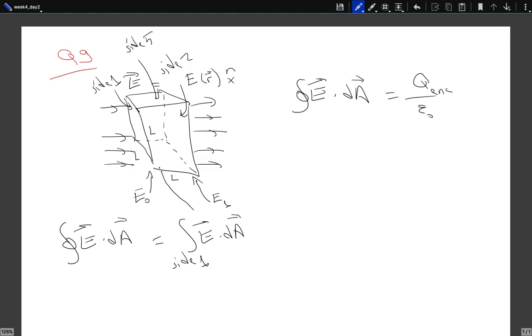And at the bottom, it is side 6. So it's just 1, 2, 3, on the back is 4, on the top it's the 5th, and on the bottom it's the 6th. So the total integral over all of the surface is just the sum of contributions from each one of the sides.